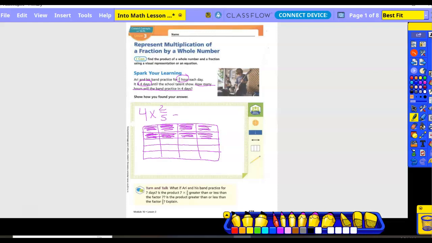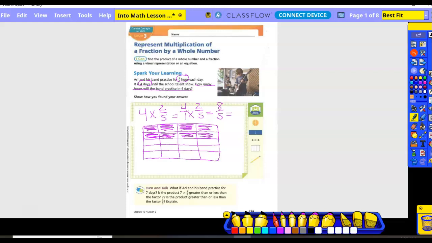Okay, so if I was going to work this, what do I put the 4 as? 4 over 1 times 2/5 equals, what is 4 times 2? 8 over 5. That's an improper fraction, right? So if I take those 1/5 pieces, how many wholes would I get?